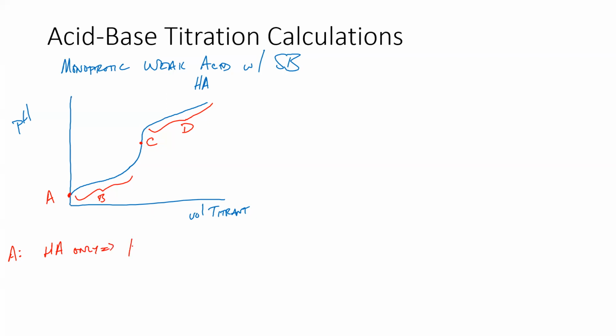So we know to use Ka equals x squared over F minus x to find the concentration of H plus.